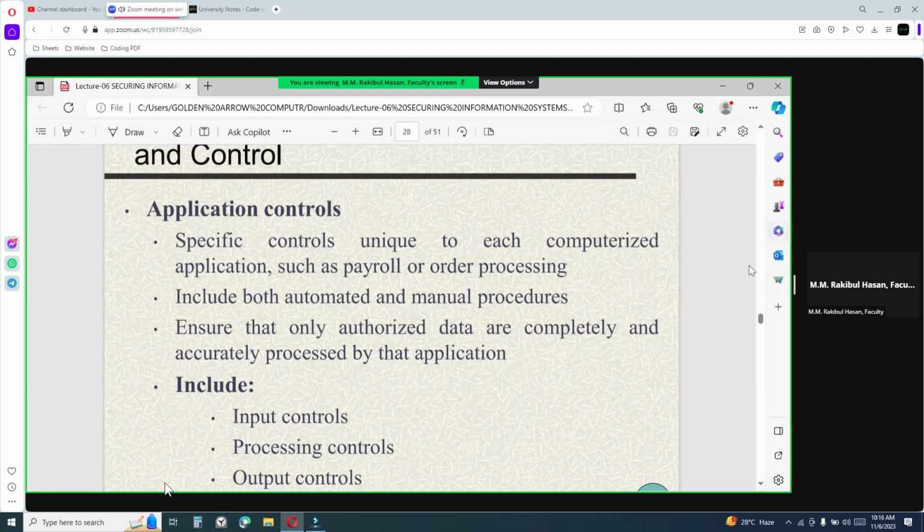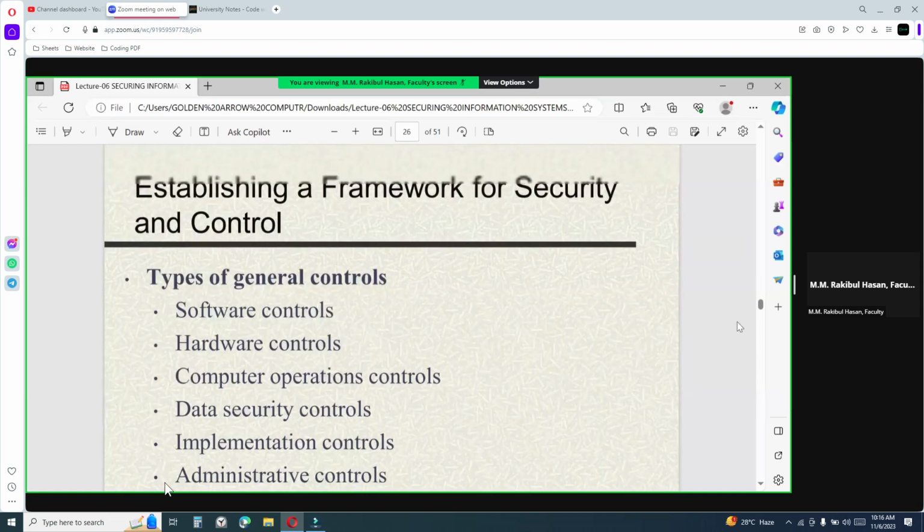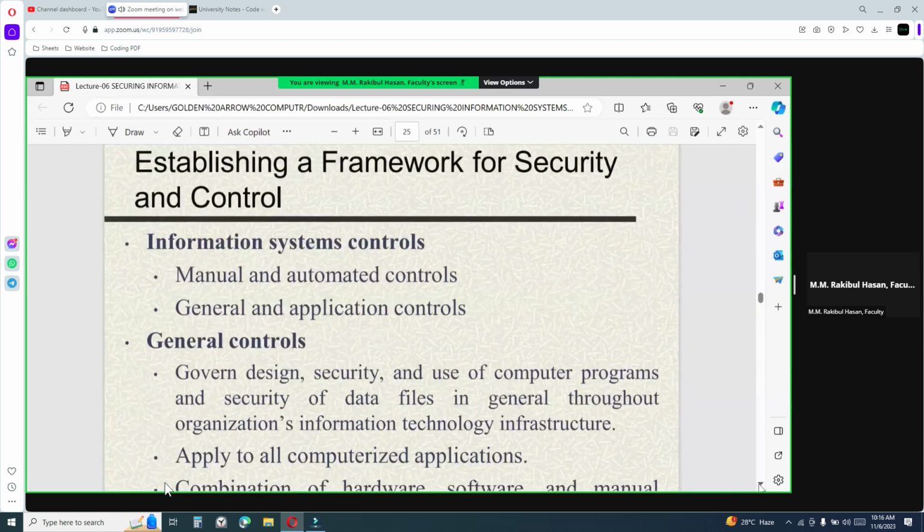Okay. Now, let's start with the first point. In this framework, the first point is control. There are different types of control. We already know the definition of control, isn't it?